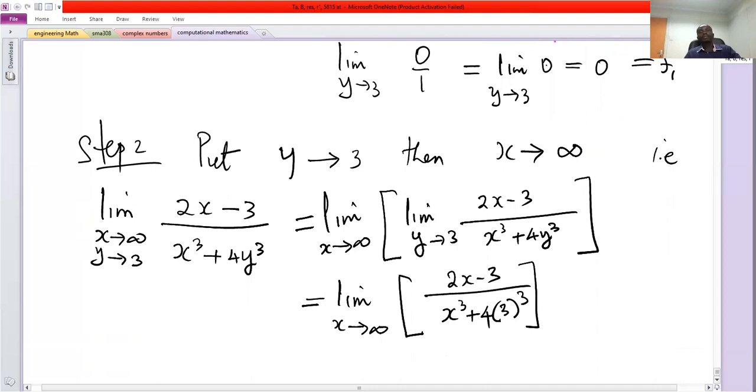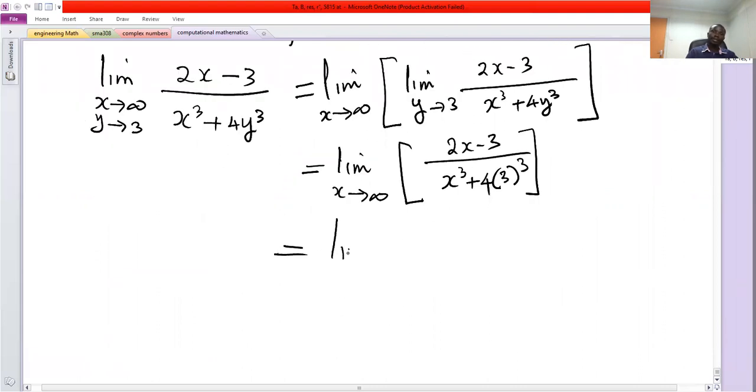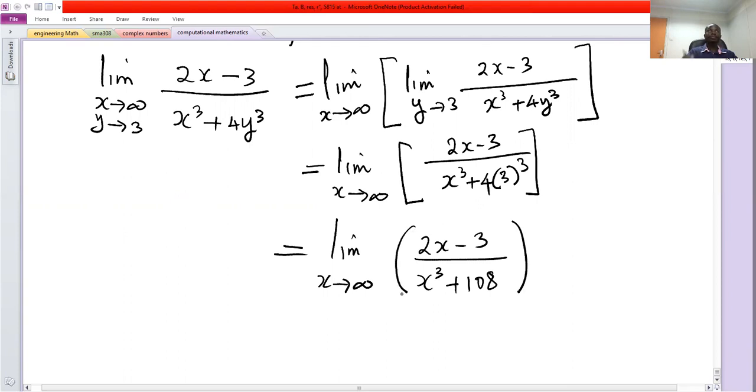So we'll have 4 times 3 power 3, which is 108. So this is the limit as x approaches infinity of (2x minus 3) over (x cubed plus 108). And so this is just the problem of finding the limit of a single variable as x approaches infinity.